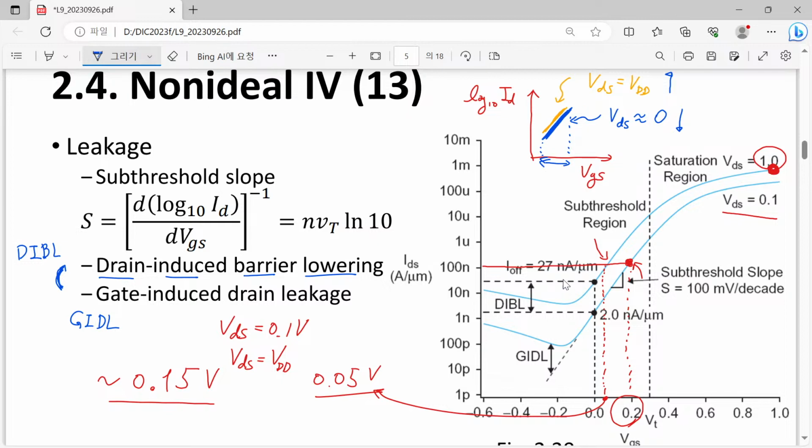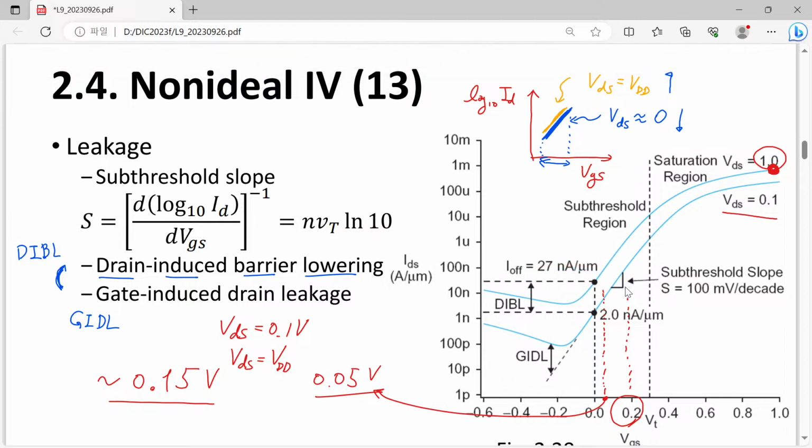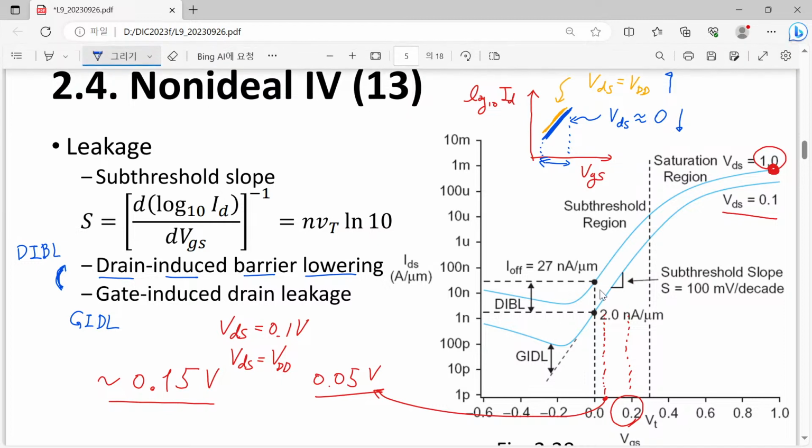However, as you can see here, clearly, when you apply higher voltage, now you have the shift of your voltage to achieve the same amount of current. What is it?